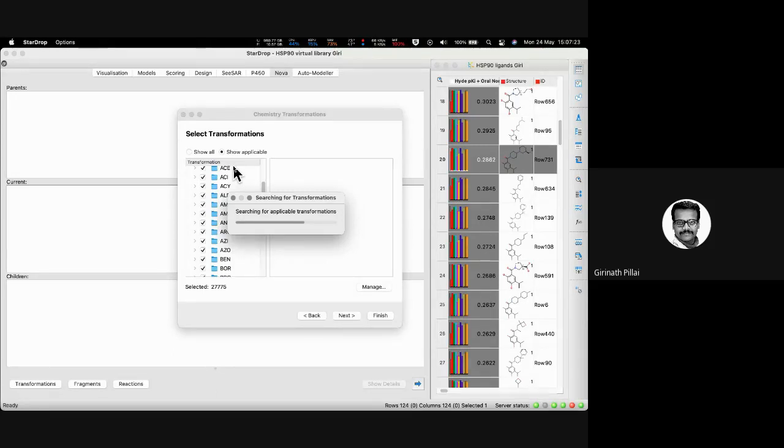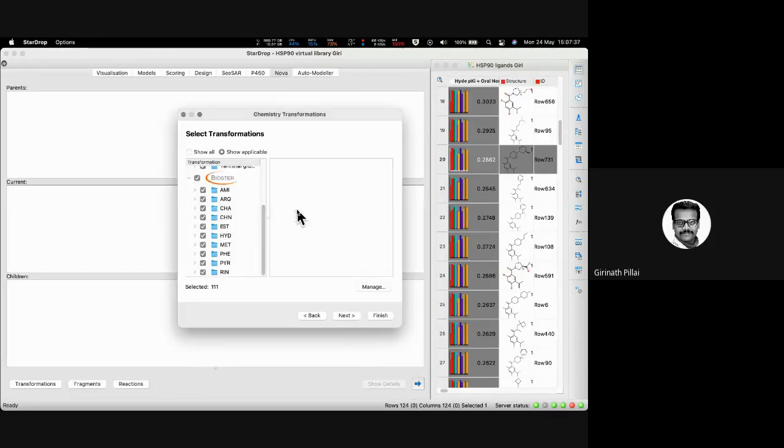Based on those rules, the software does an algorithmic search. Here you can see 27,775 possible transformations, but after applying the algorithm to find the possible transformation paths, only 111 transformations are possible for the selection that I have made.